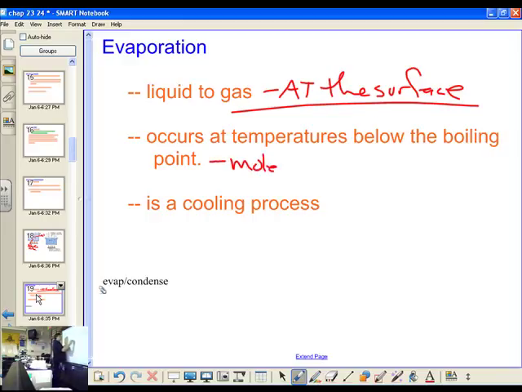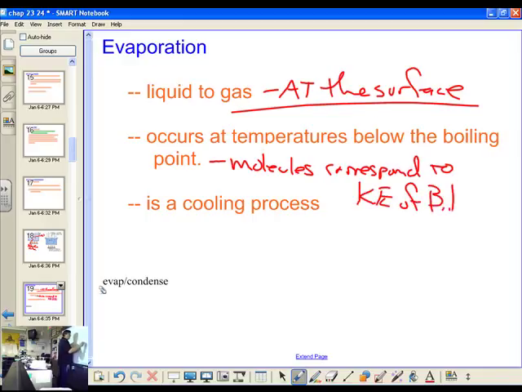However, remember how we talked about in the condensation that the molecules undergoing condensation below the boiling point did have the kinetic energy associated with boiling point. The molecules that undergo evaporation have that 100-degree kinetic energy. This is why they become a gas. You have to have that energy to become a gas.